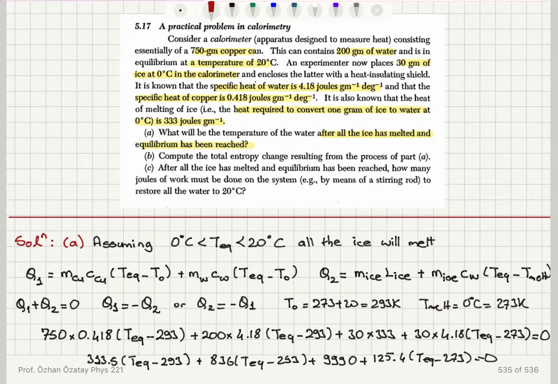So you can see that these two terms have the same factor here, T equilibrium minus 293. So if I continue this calculation, I have to add 836 with 313.5.